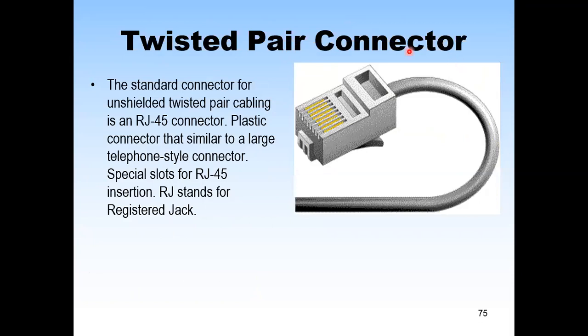Twisted pair connectors, as I have discussed: if you are using a cable in a LAN, you use an RJ45 connector, and in telephone communication you use RJ11 connectors. The standard connector for unshielded twisted pair cabling is an RJ45 connector, a plastic connector similar to a large telephone-style connector, with special slots for RJ45 insertion.